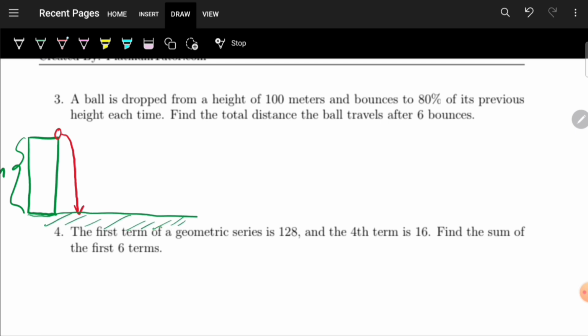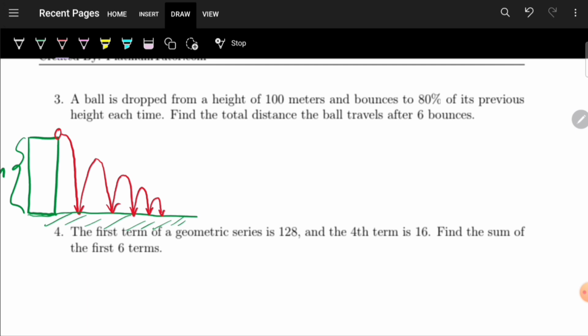Pictures really help for problems like this. It bounces up to 80% of its height and then falls back down. Bounces up to 80% its height, falls back down, and so on.